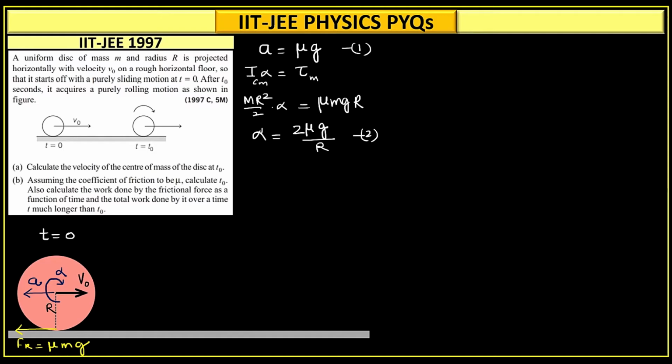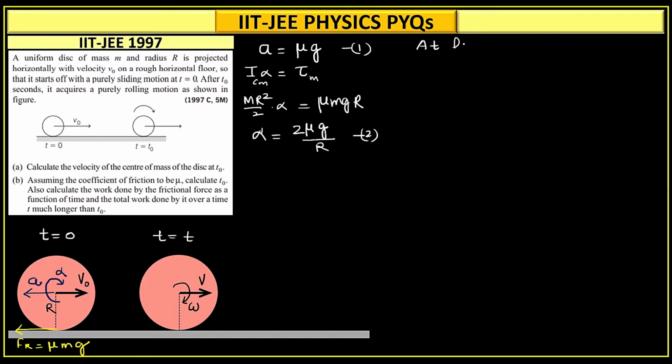So what will be the effect of a and alpha? After time t, this body will have some different velocity v, and it will also acquire some angular velocity omega. So at time t, v is equal to u plus at. Initial velocity is v naught.